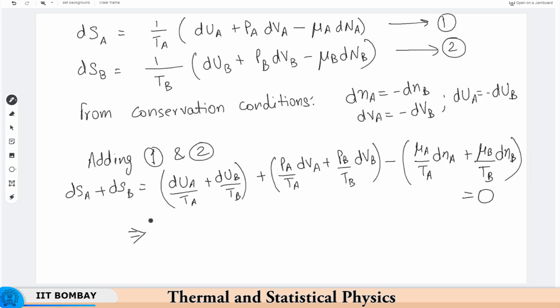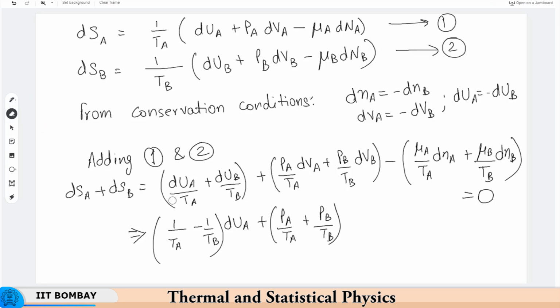So clearly I can rewrite this as follows. So 1 by T_A minus 1 by T_B, I can write either of these quantities dU_A for example, plus P_A by T_A plus P_B by T_B, so there will be a minus sign actually.